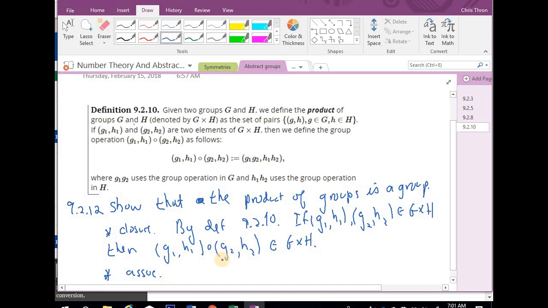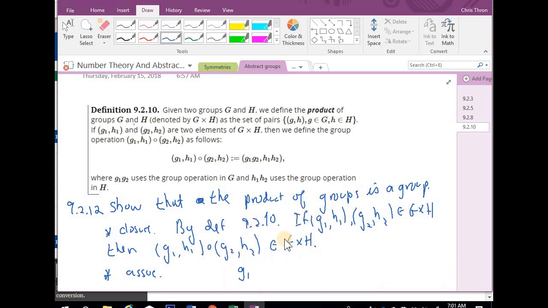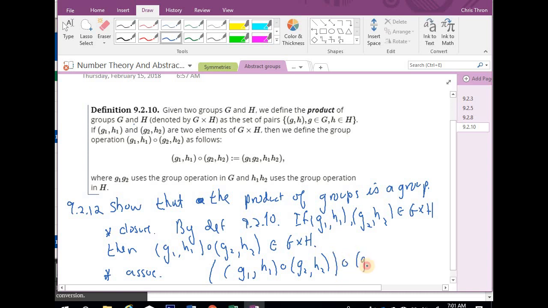Then you have the associative property. Write down what that means. Take (g1, h1) circle (g2, h2) circle (g3, h3).